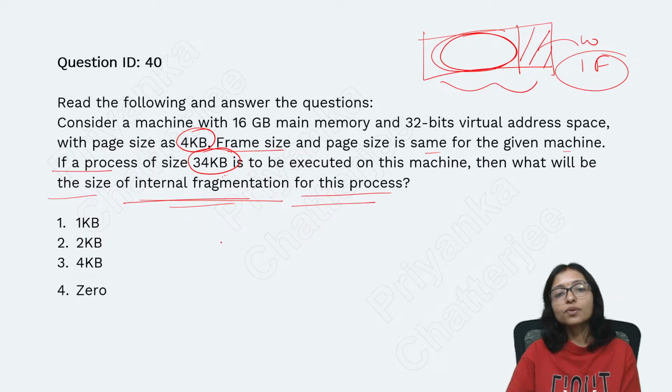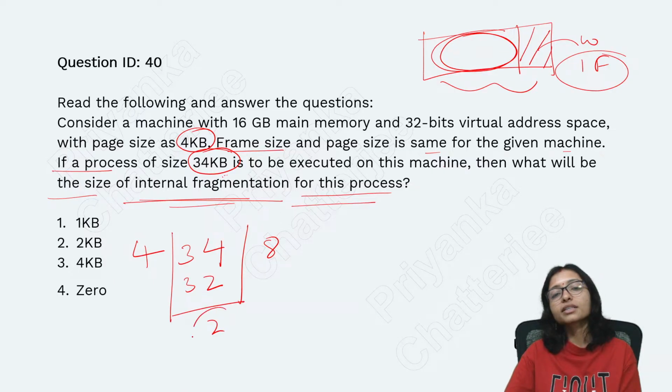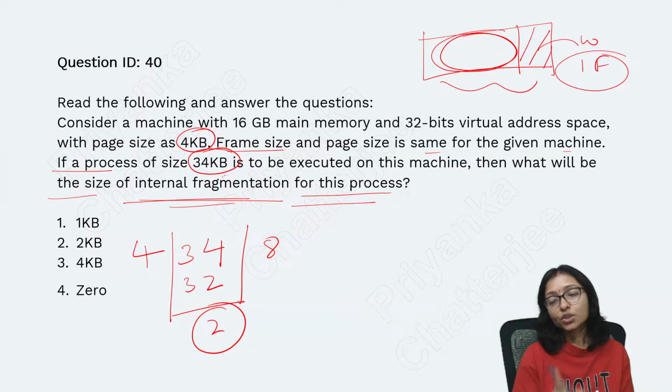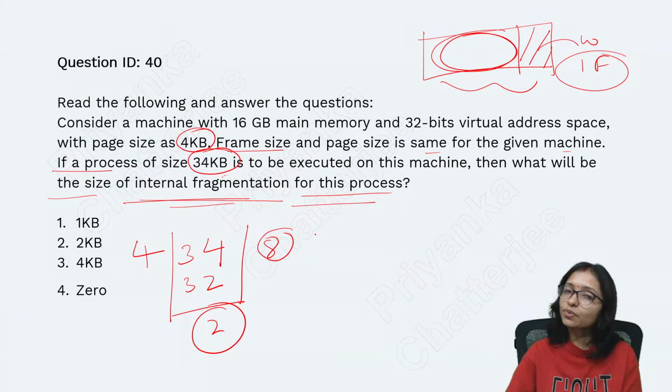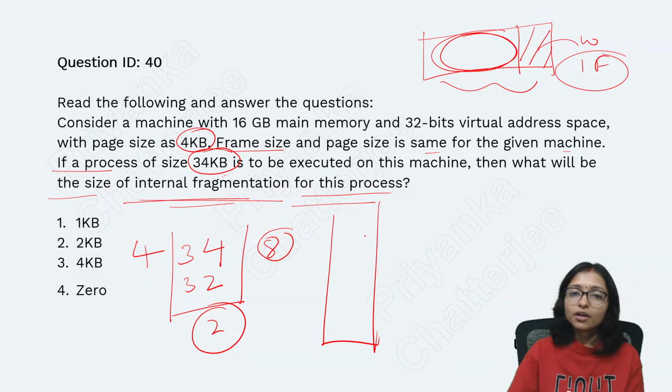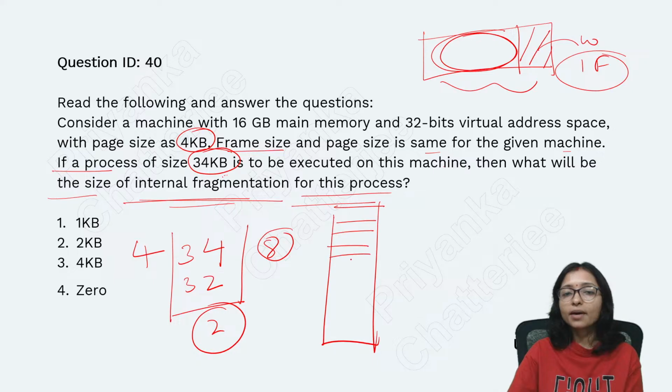If I divide 34 by 4, I get 8, since 8 times 4 is 32, and after that 2 is the remainder. Means a total of 8 pages will be completely full.